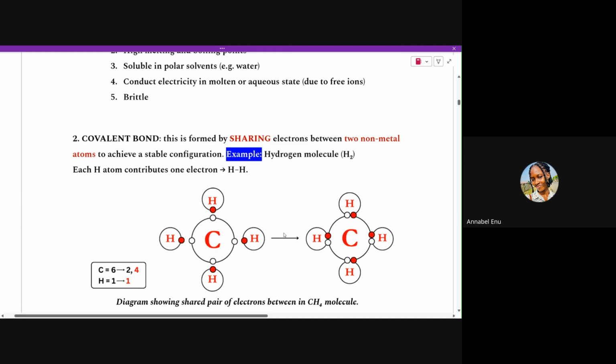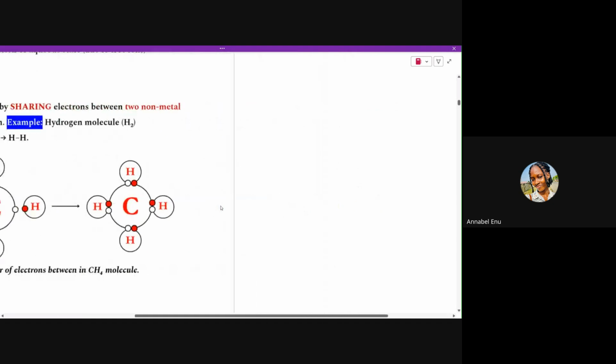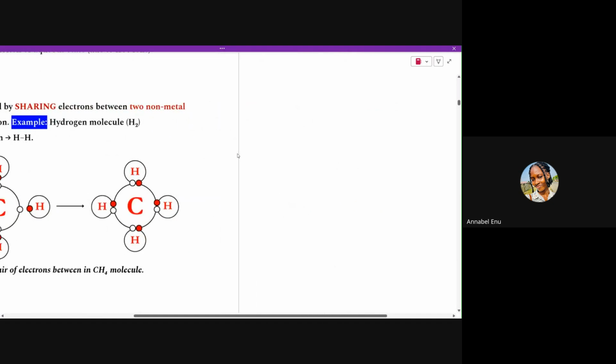Now, an example of covalent bond is CH4, methane. How is methane covalently bonded? Methane is made of carbon and hydrogen. This is the formula for methane. Carbon is a non-metal, and hydrogen also can act as a non-metal.